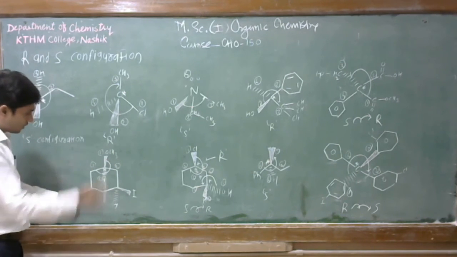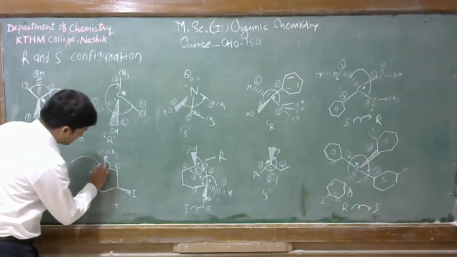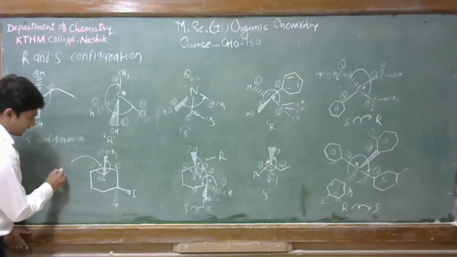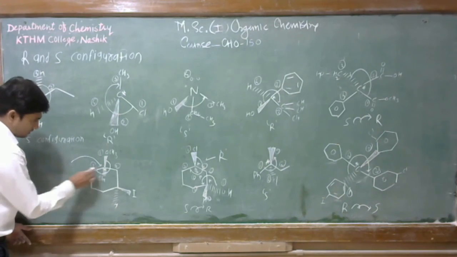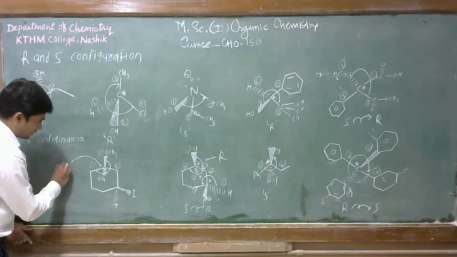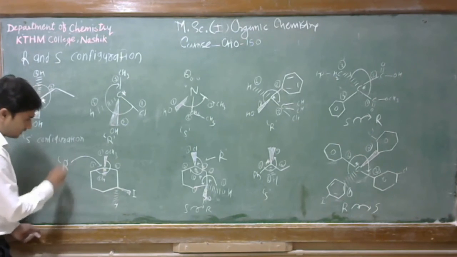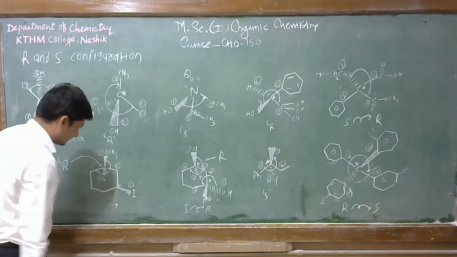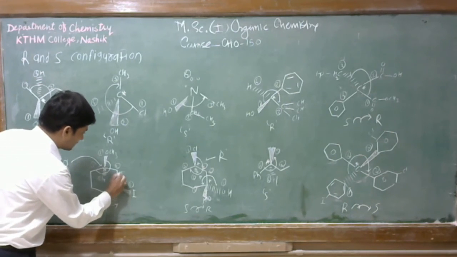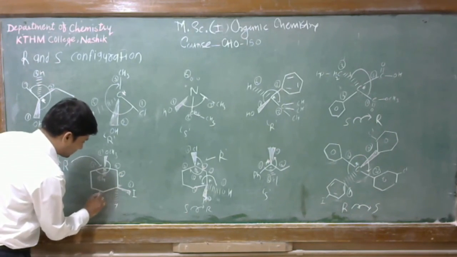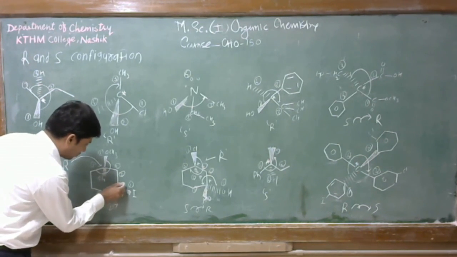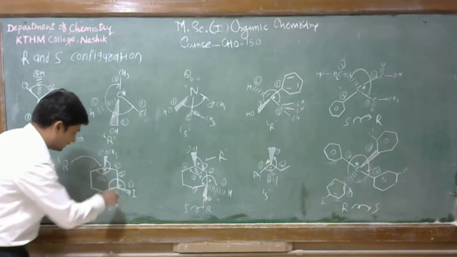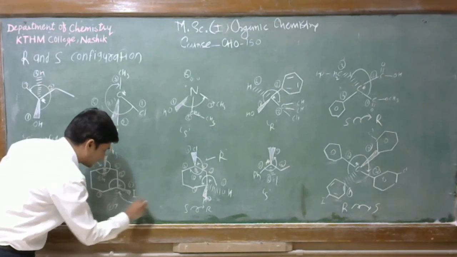This is the clockwise direction. So this chiral center shows the R configuration. And now in this case, this iodine has first priority, this group has second priority, this has third priority, and hydrogen has fourth priority. We move from 1 to 2 and 2 to 3. So this is the S configuration.